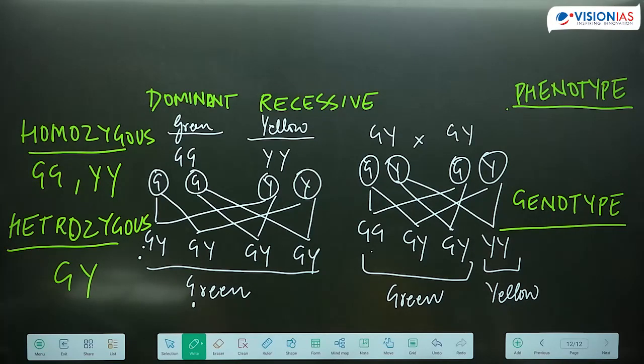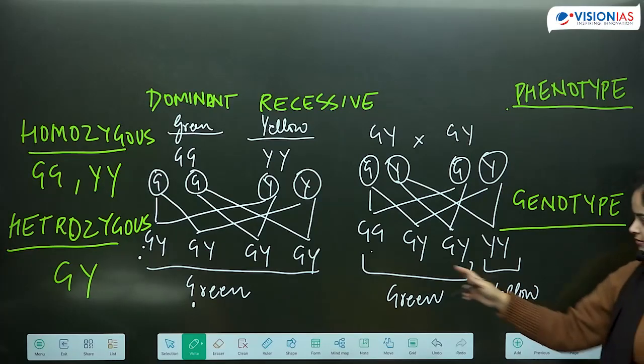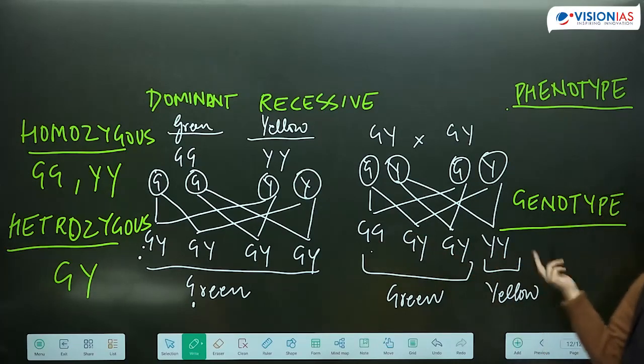Genotype is the genetic composition. So basically this means whether it is GG or GY or YY. This will be the genotype.